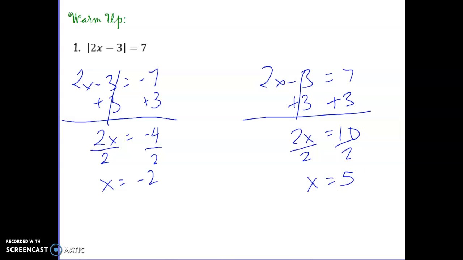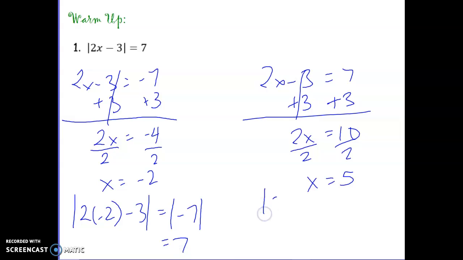So I'm not saying that negative 2 and 5 are equal distances away from 0. What I am saying is that when I substitute in negative 2 right here, 2 times negative 2 minus 3, well, that is equal to negative 7, and negative 7 is 7 units away from 0.